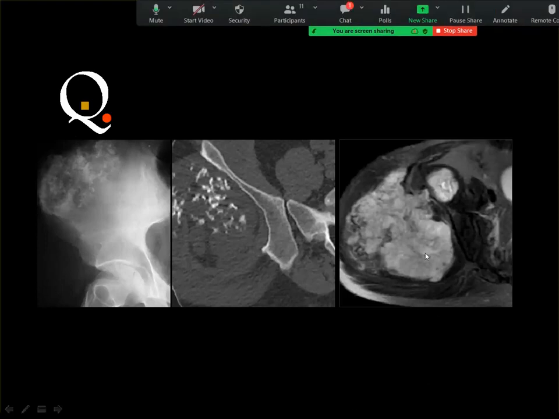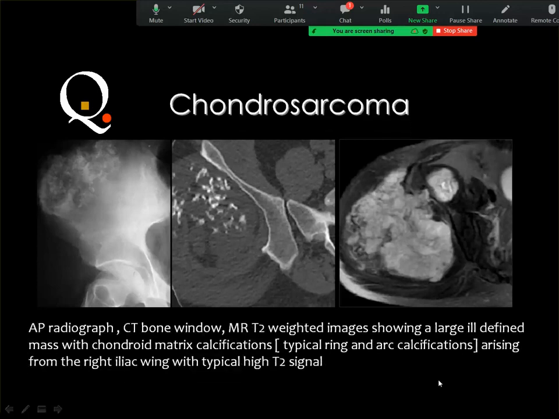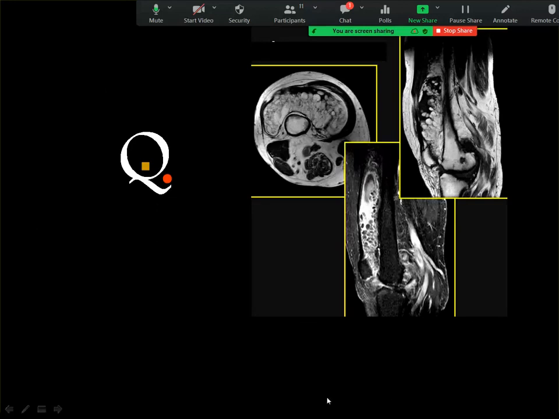You get brightness in the T2 weighted image because the chondroid matrix is very bright, and T2 weighted images may be similar to fluid or CSF. This is chondrosarcoma.